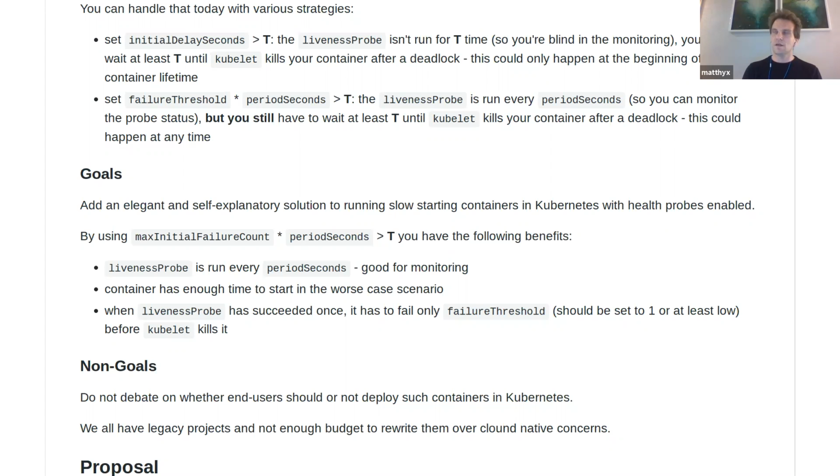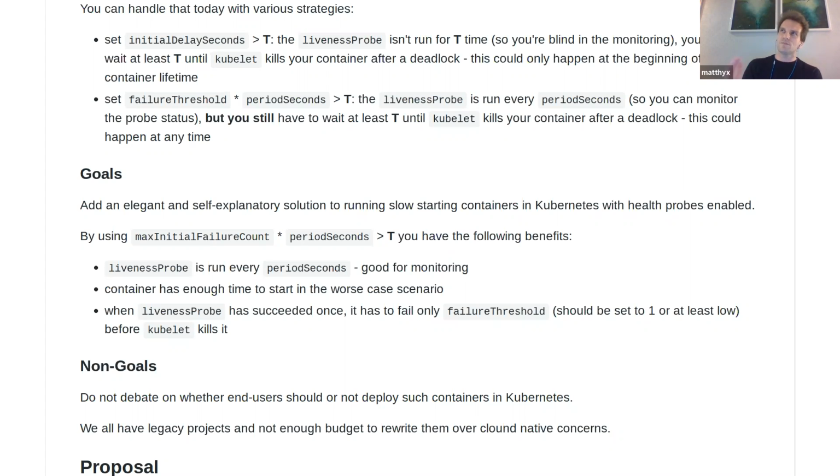There was something in the PR. There were some concerns about storing in the kubelet the state of the probe, and that the kubelet doesn't persist this. So if at some point the kubelet restarts, then we forget that we succeeded already once.